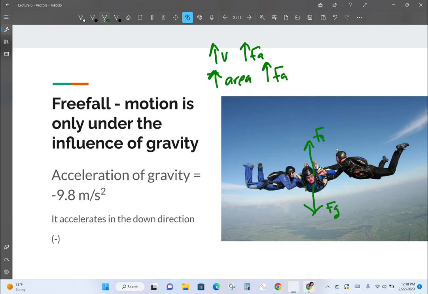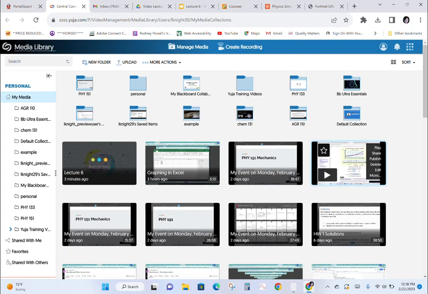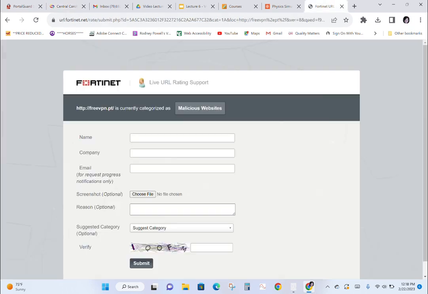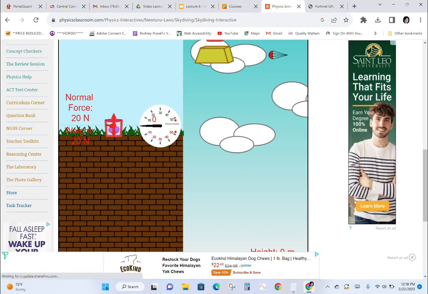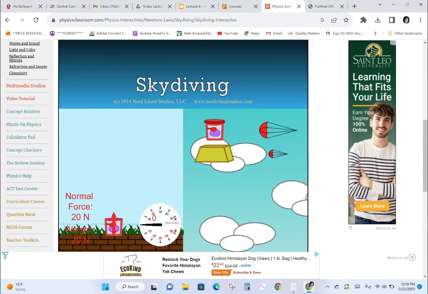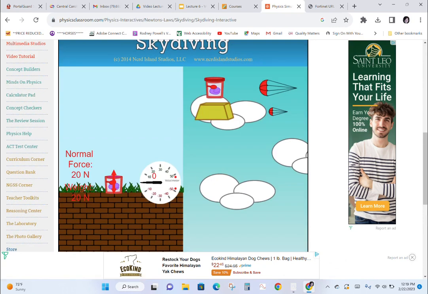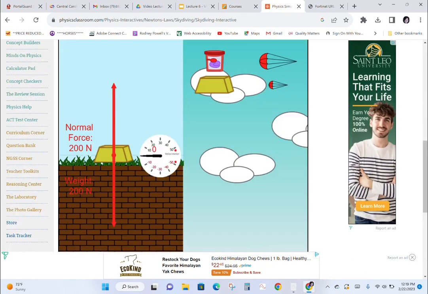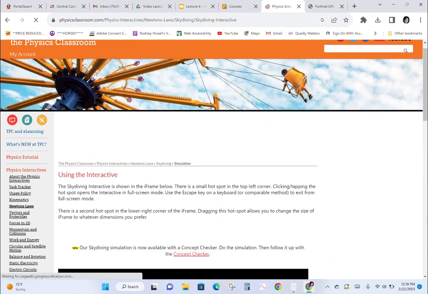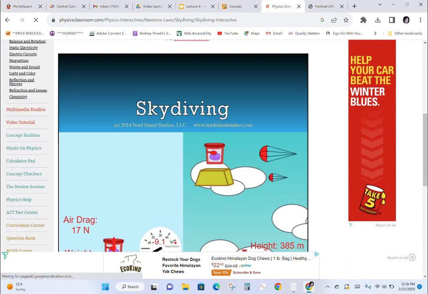So let's look at that in an applet. Let me find it. Okay, so let's just take a look at this particular applet. We're going to take this anvil and set it up, and let me just reload the page. All right.